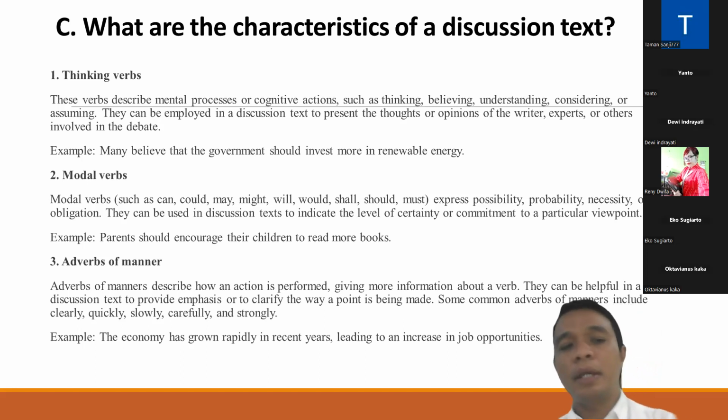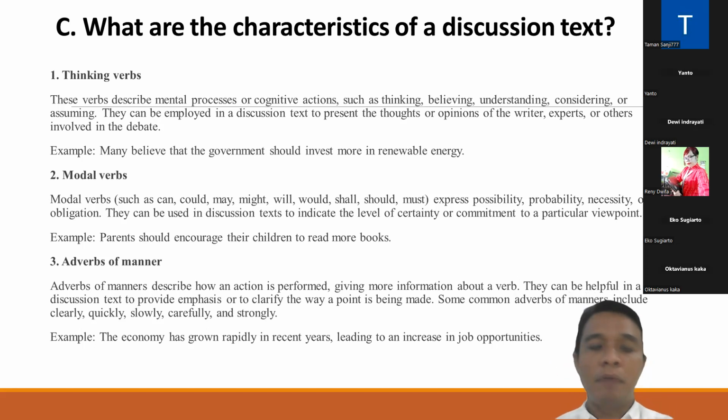The second one is modal verbs. Modal verbs such as can, could, may, might, will, would, shall, should, must express possibility, probability, necessity, or obligation.